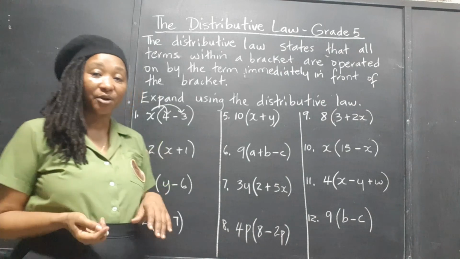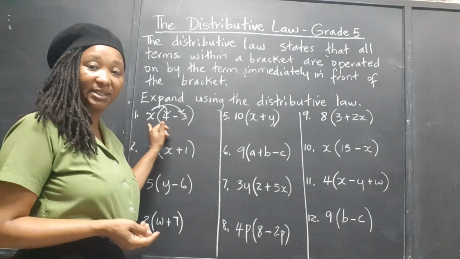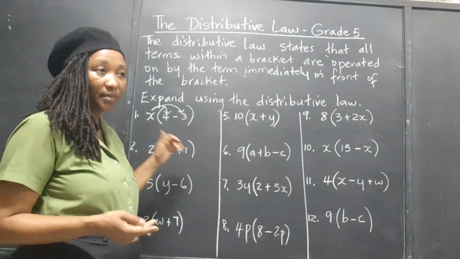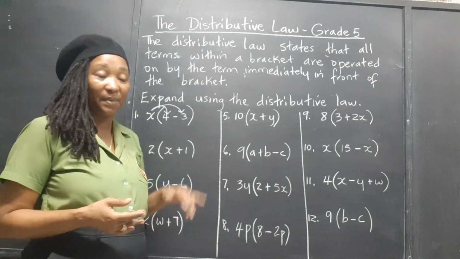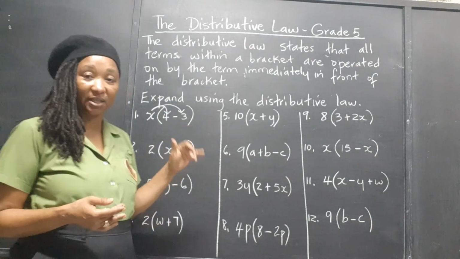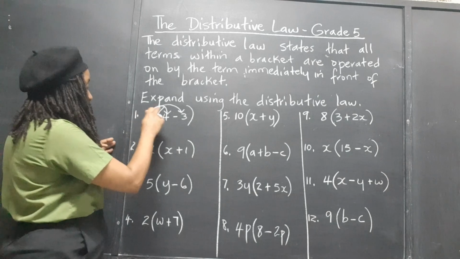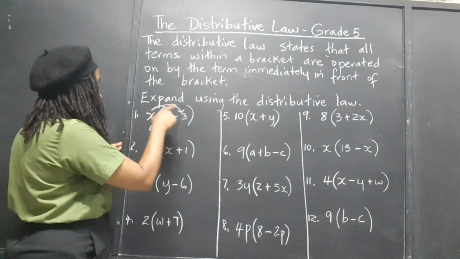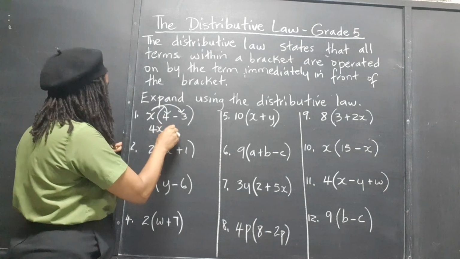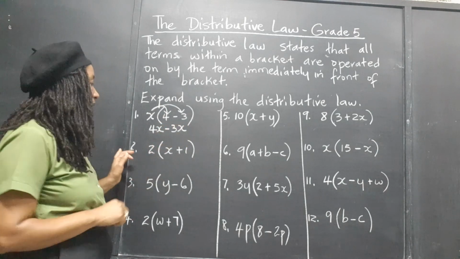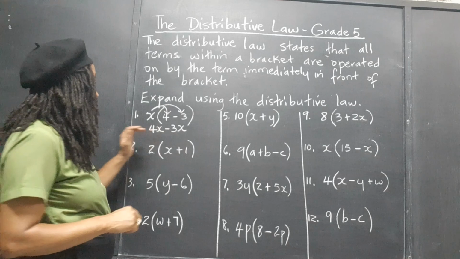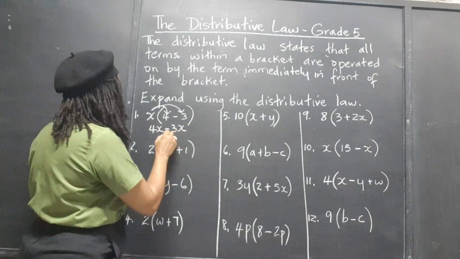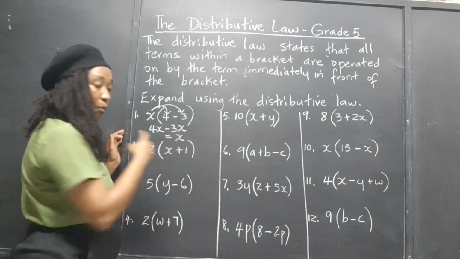So just to remind ourselves that this term, in this case the x, is being multiplied by each of the terms in the bracket. So x times 4, which is 4x, and x times 3, which is 3x. 4x minus 3x, that gives x, or 1x.